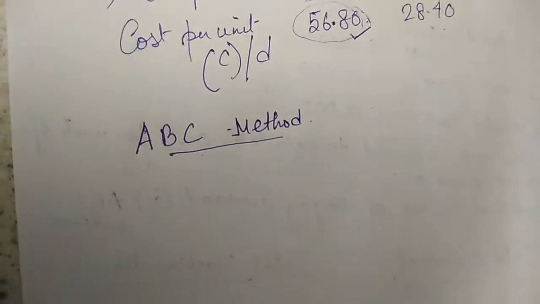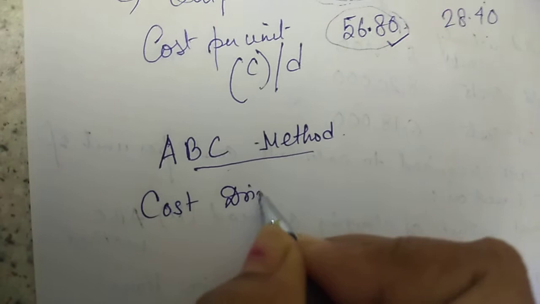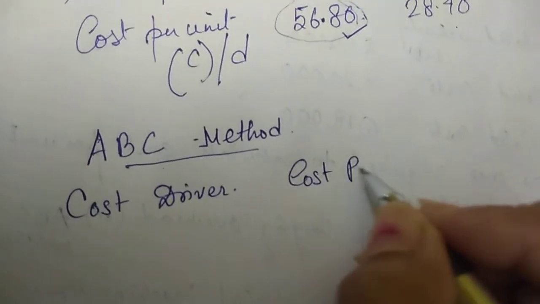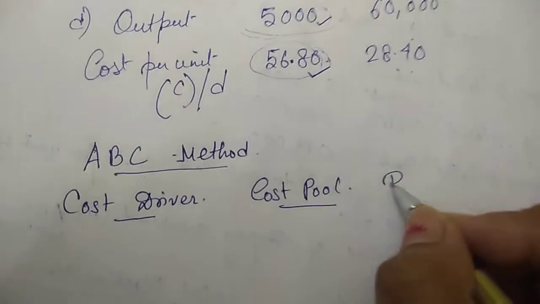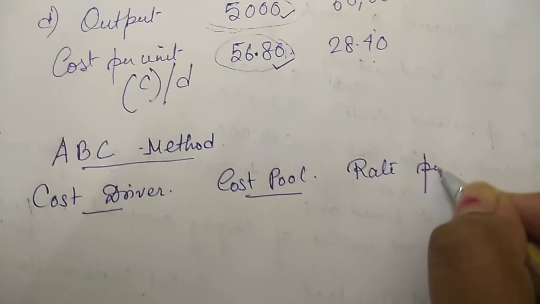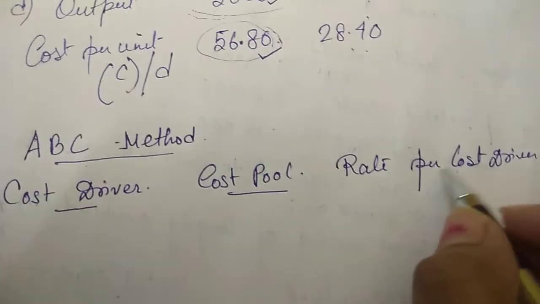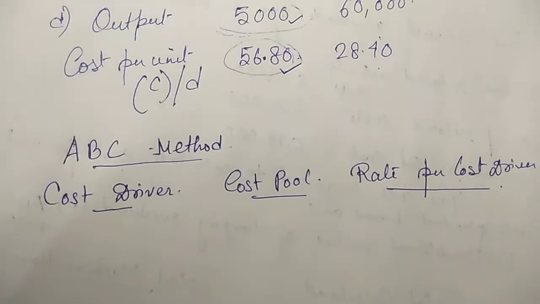So what are my cost drivers? I need the cost driver, I need the cost pull, and I need the rate per cost driver, or cost driver rates, whatever you call it.